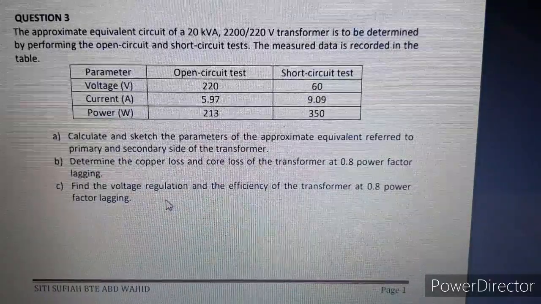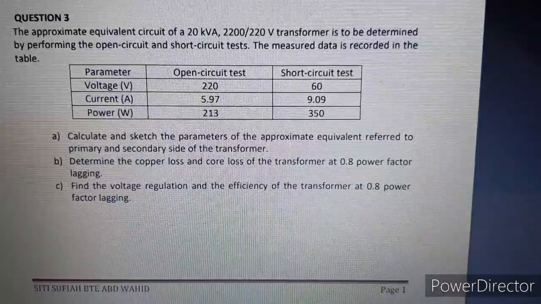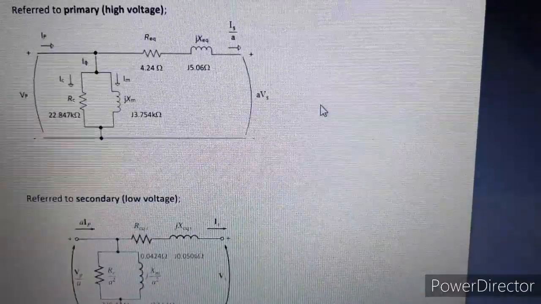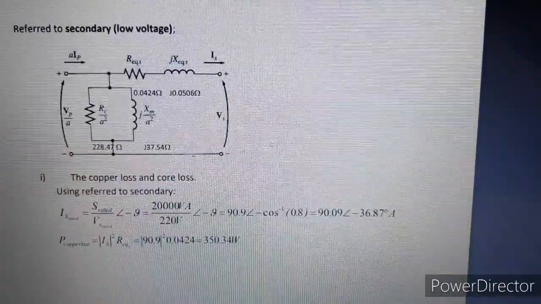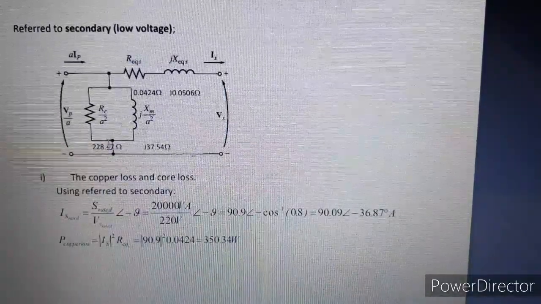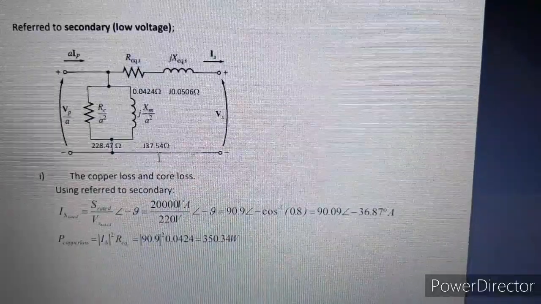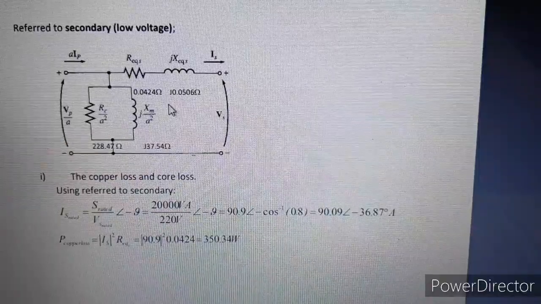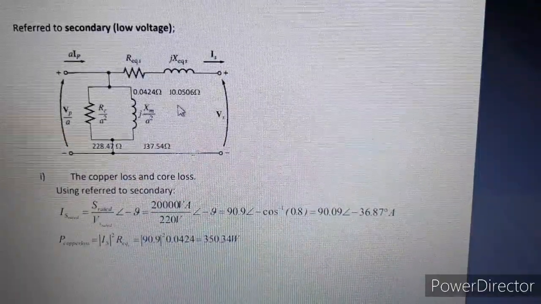Since we have decided to use referred to secondary, that is the circuit. RCS 228, XMS 37, R equivalent S 0.04, X equivalent S 0.05.